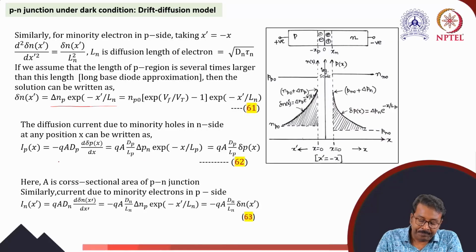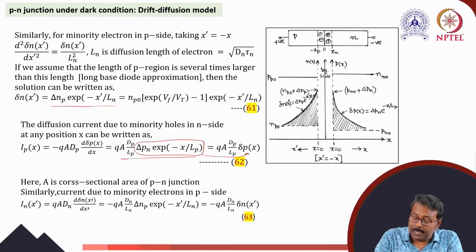The diffusion current expression Ip due to diffusion is QA Dp, because the continuity equation we have expressed in terms of J, that is current density, but for making it current we have to multiply with the junction area A. So Ipx, coming from Jp, is minus Q Dp d by dx of delta Px multiplied by A. If you put the value of this delta Px from the solution we have obtained, you will get the expression QA Dp by Lp delta Pn e to the power minus x by Lp, which is nothing but again the expression of delta Px. So you can write here it is delta Px.